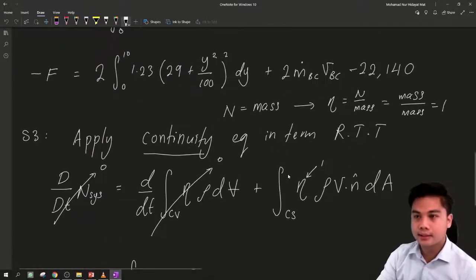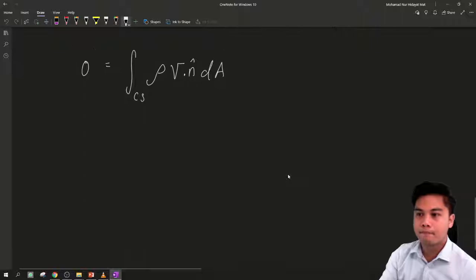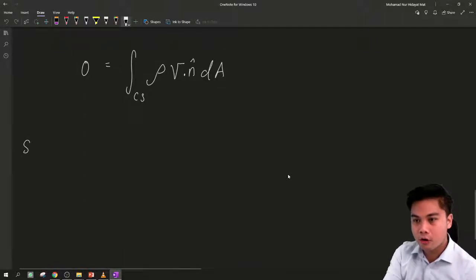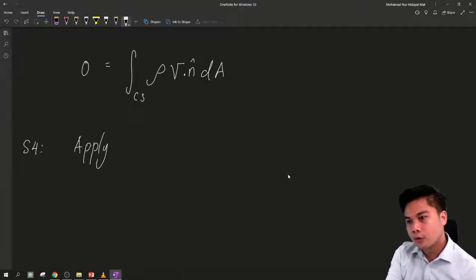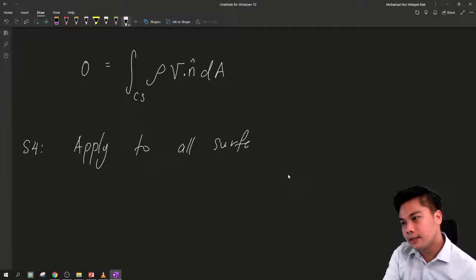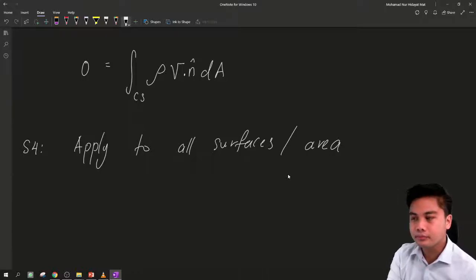So from here, step number 4. Apply to all surface areas.